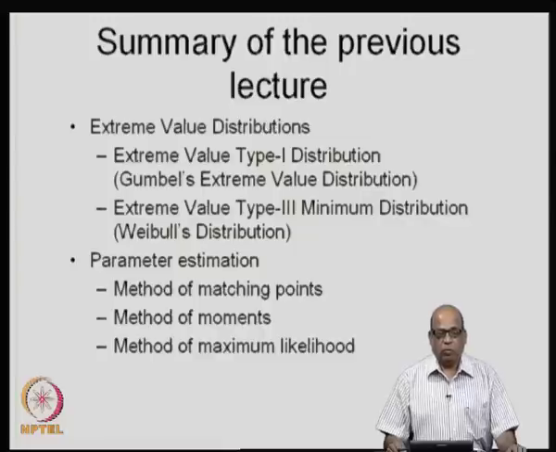Then we went on to discuss the topic of parameter estimation, where given a PDF, we would be interested in getting the parameters from given sample values. In this we discussed three methods: the method of matching points, where from the available data observations we deduce certain probabilities, for example, probability of x being greater than or equal to a certain value is equal to, let us say, 0.8 or some such thing.